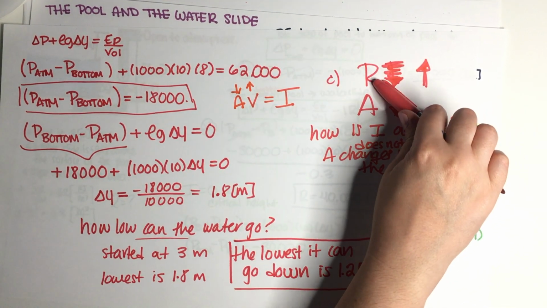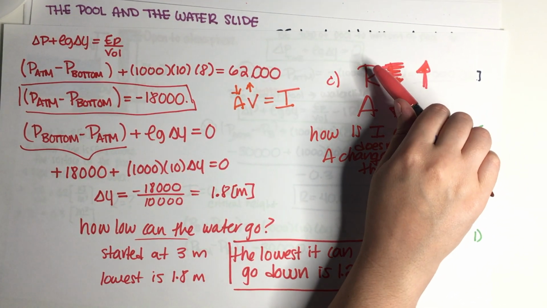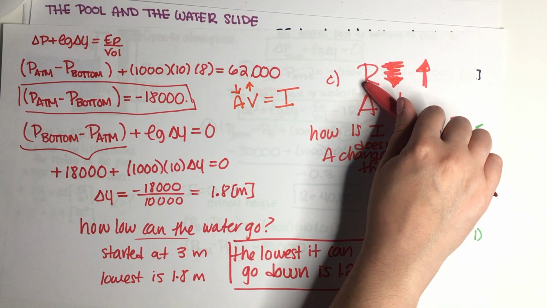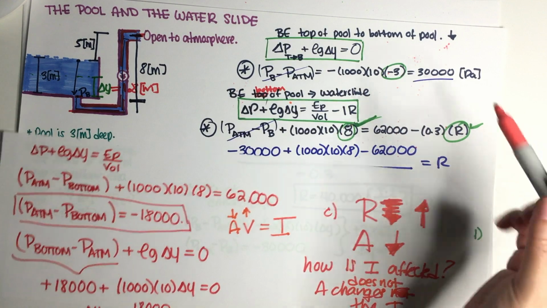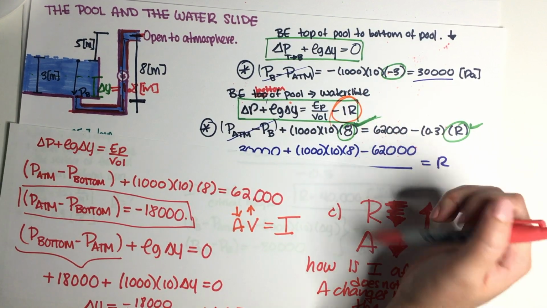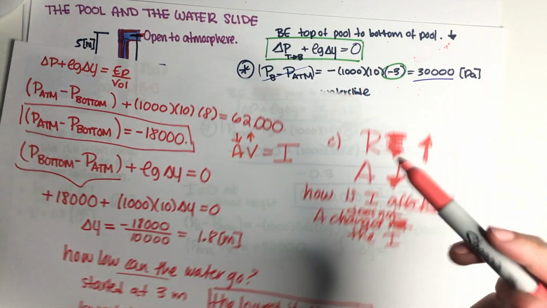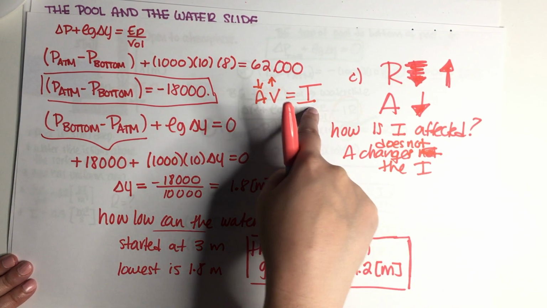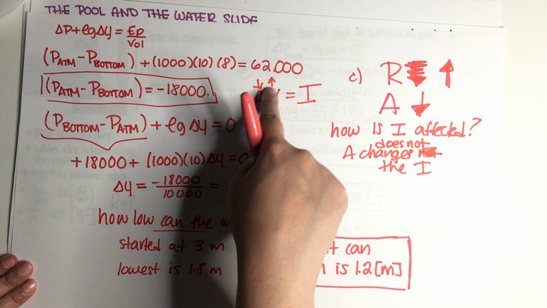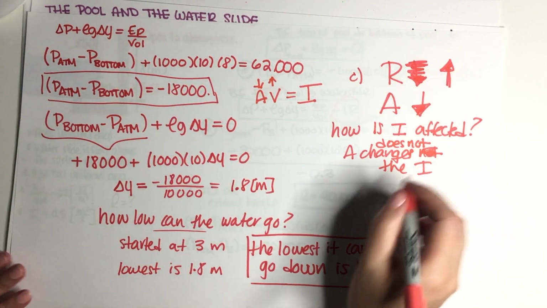However, the resistance will. Because if you increase the resistance, then the resistance does directly affect the current because they are connected in the Bernoulli equation. So changing the area is not going to do anything to the current. It will increase the velocity, but it's not going to change the current.